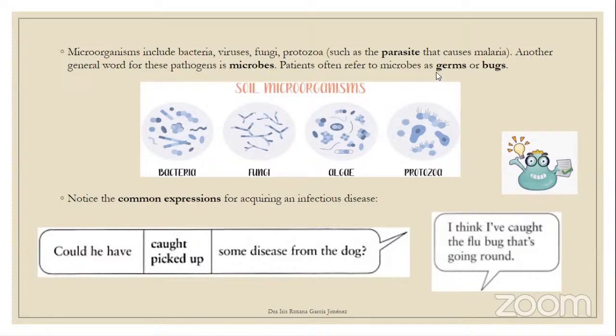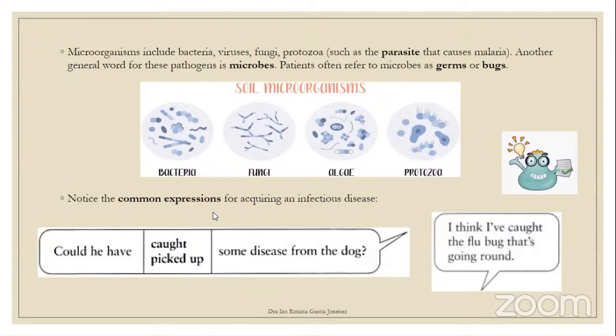They say germs or bugs. Both of them are referring to microorganisms or microbes. That's the way to translate, to make the comparison, okay? For example, the soil microorganisms, bacteria, fungi, algae, and protozoa.